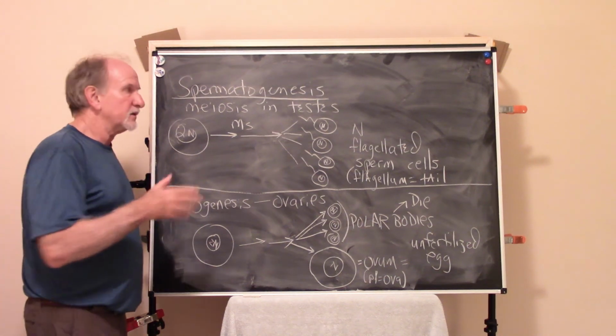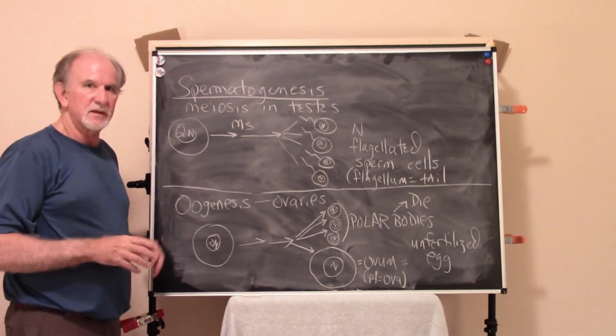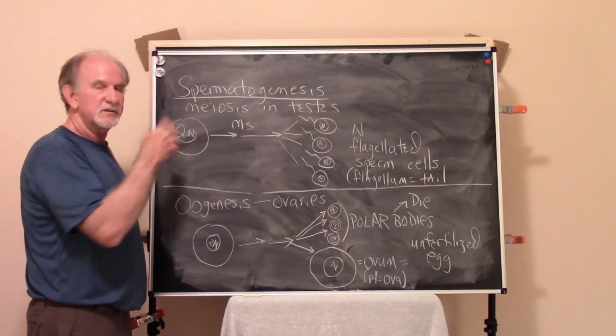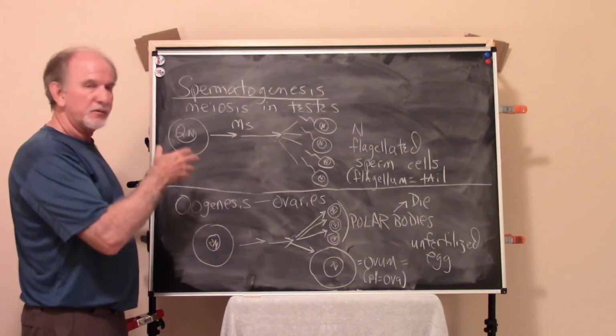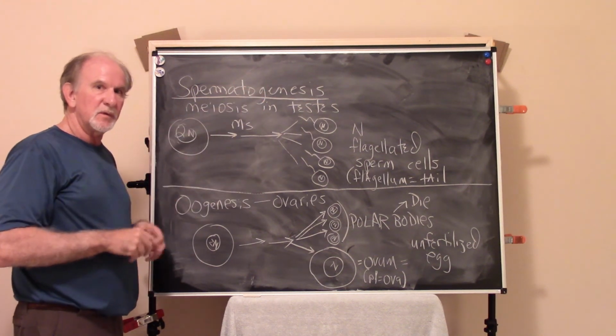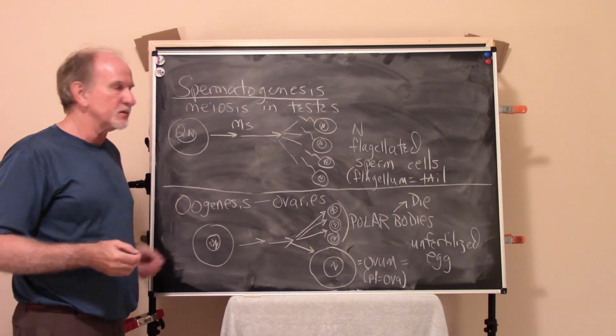When meiosis occurs in the testes in guys, it generally isn't called meiosis, although you could call it that. In general, it's called spermatogenesis because it produces haploid sperm cells.